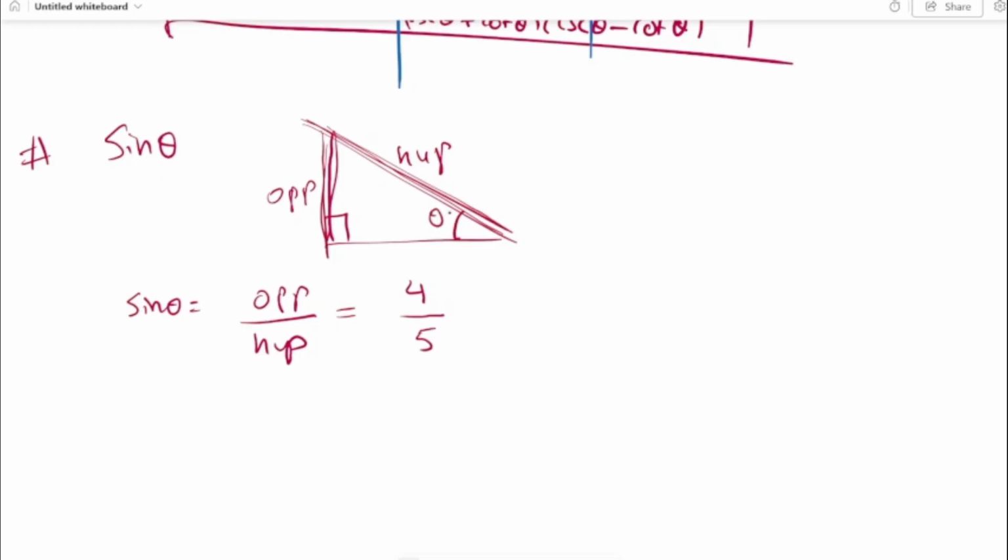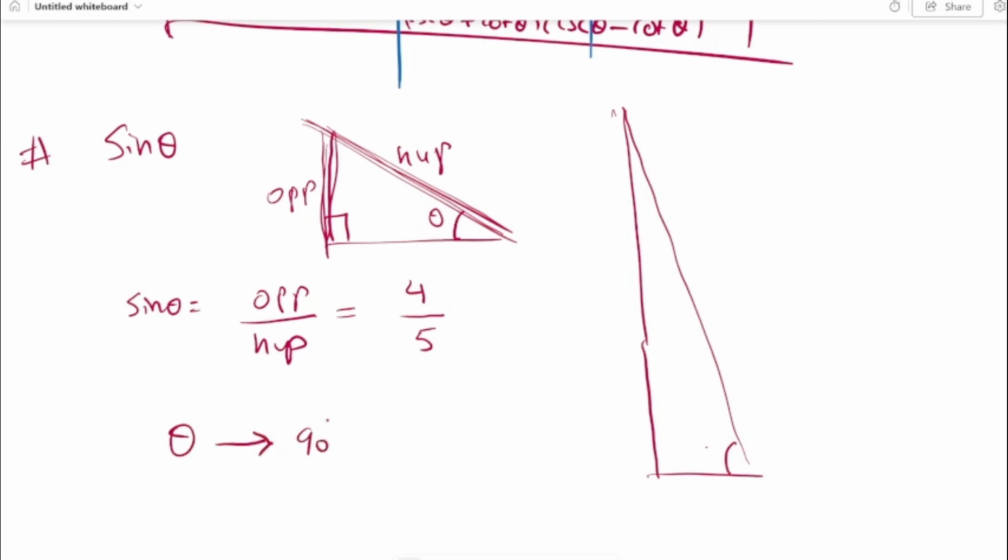You can imagine it like this. Imagine this is the theta. Now imagine the theta is becoming larger and larger and larger, so that the triangle would look like this. Now this theta is probably like 85 degrees or something. As theta approaches 90 degrees, the hypotenuse and opposite become equal. So at 90 degrees, they are equal. So the maximum value of sine theta is 1.